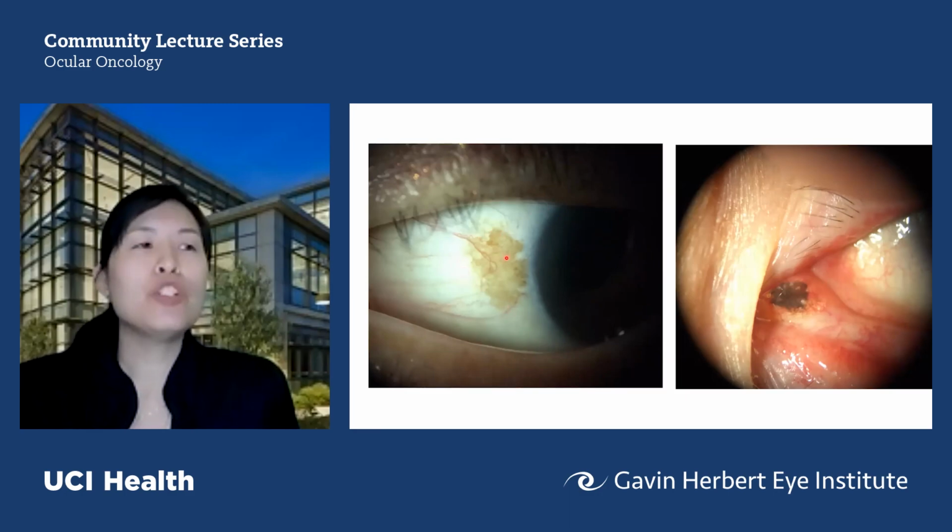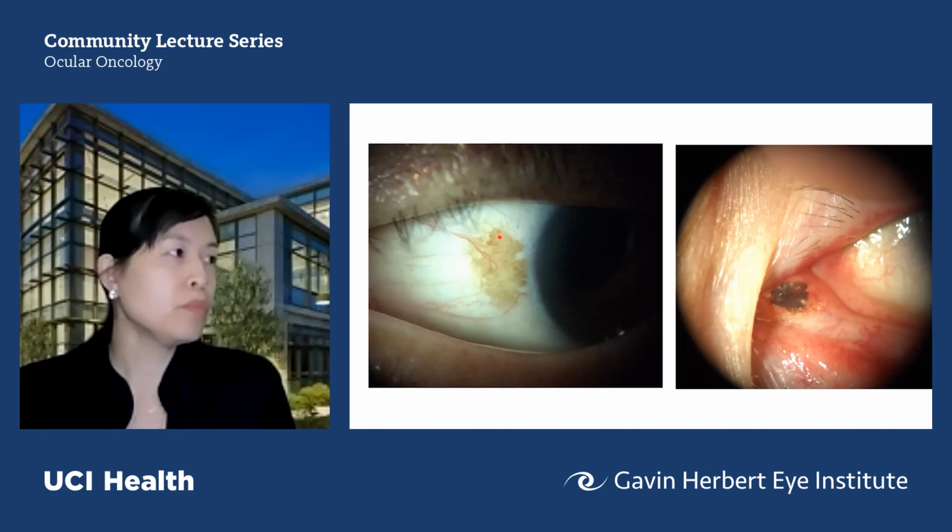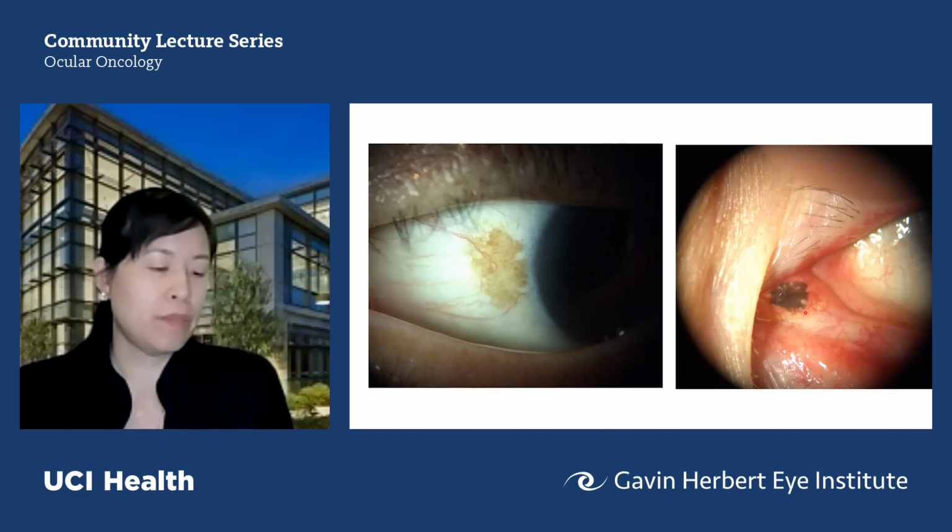But if I changed the scenario and told you that this was a blonde-haired, blue-eyed, light-skinned person, then this pigment would be more concerning. In this situation here, I can see there's little hair follicles in there. That actually is a good sign.